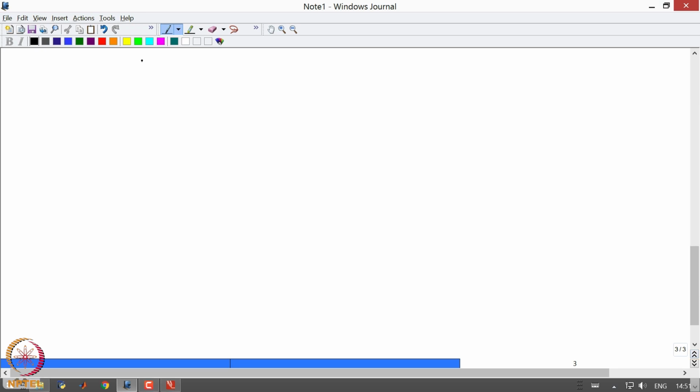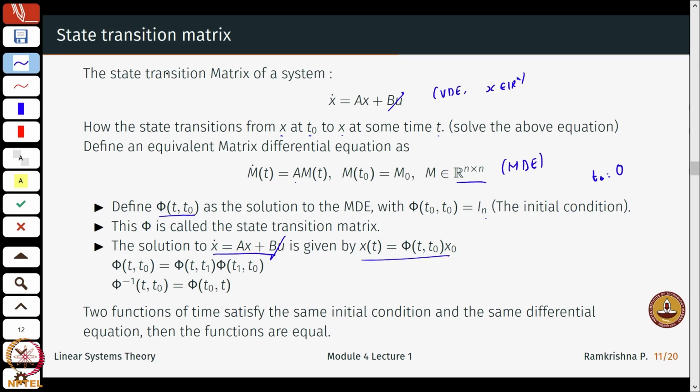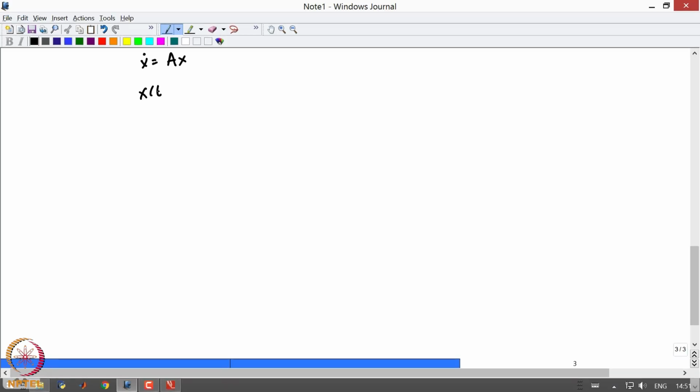So again, I start with x dot equal to A x, and what I claim is that the solution to x dot equal to A x is given by x of t equal to phi of t comma t naught times x naught. For simplicity let's assume that t naught equal to 0, even though nothing changes with this; my expressions just look a little easier.